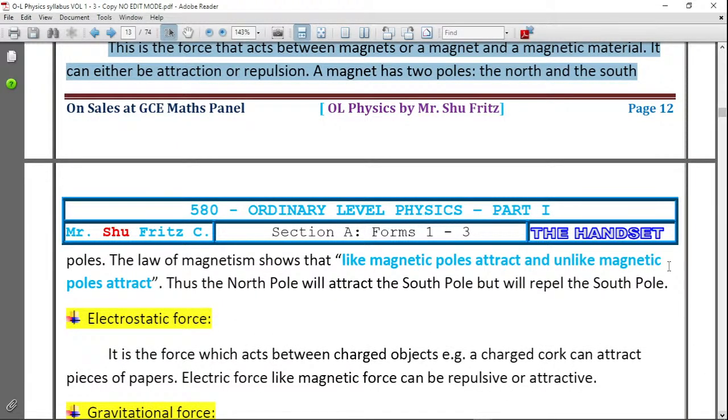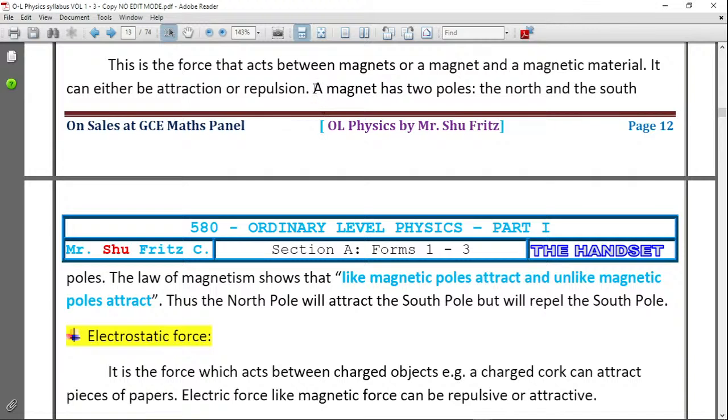Now, a magnet has two poles, the north pole and the south pole. And the law of magnetism states that like magnetic poles repel and unlike magnetic poles attract. Yes, this is supposed to be repel. So, like magnetic poles repel, please take note of this. Like magnetic poles repel and unlike magnetic poles attract.